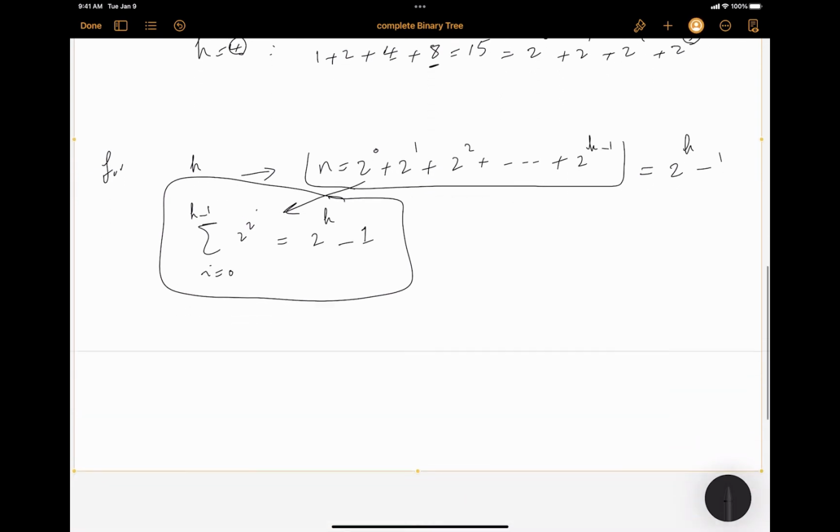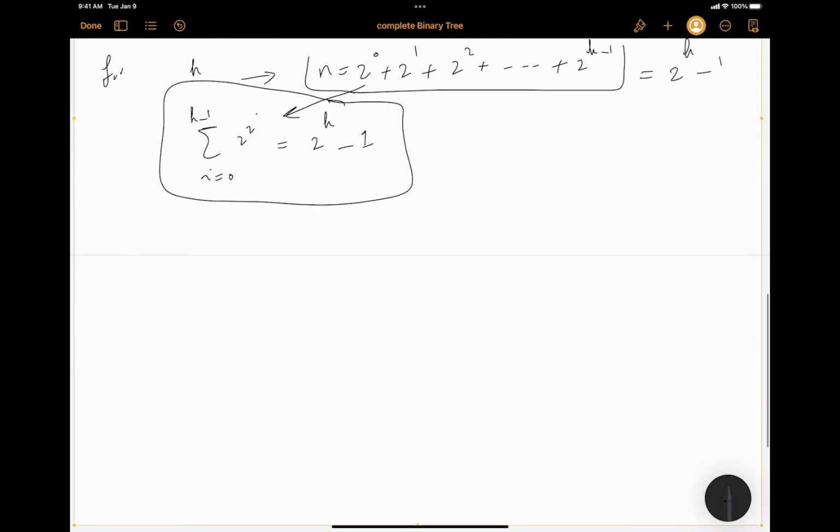As we know, the proof by induction has 3 steps. The first step is the induction base. The second one is the induction hypothesis, and the third one is to prove the formula based on the induction base and induction hypothesis.